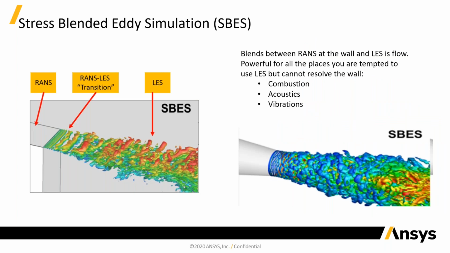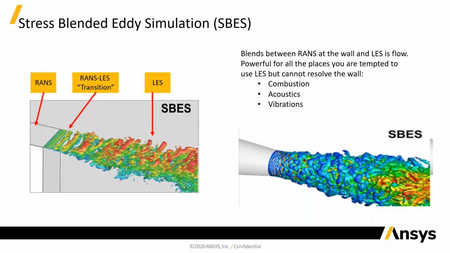model called SBES, stress blended eddy simulation. What this allows us to do is in regions where the mesh refinement is adequate, it will switch to a large eddy simulation.